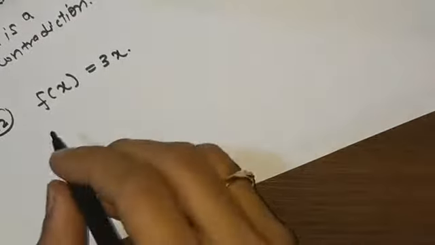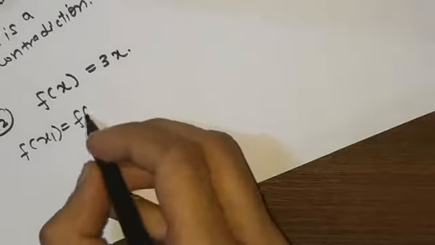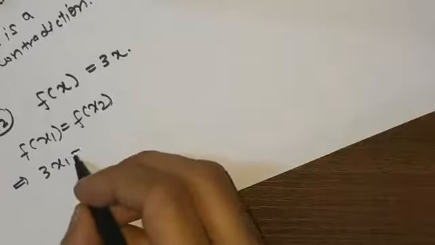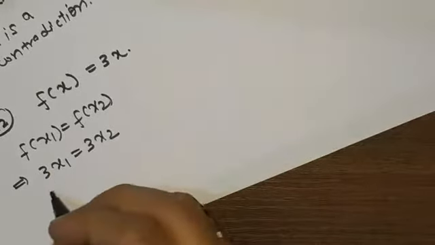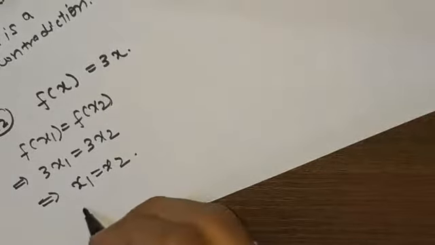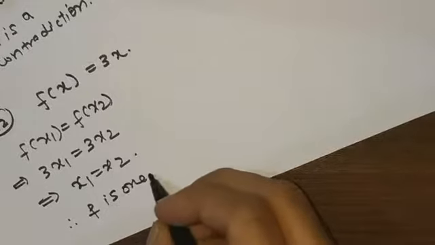Now this function is 1-1. Why? Because if you take f(x1) = f(x2), that means 3x1 = 3x2, right? So that means x1 = x2. Therefore f is 1-1.